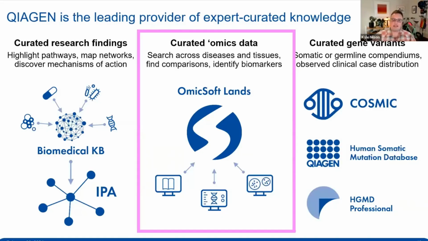And all of this data has been processed by our scientists so that it is normalized and all uses controlled vocabulary. In other words, we make sure that all of the treatments use a unified term, all of the diseases use the same ontology, and everything can be cross-compared.